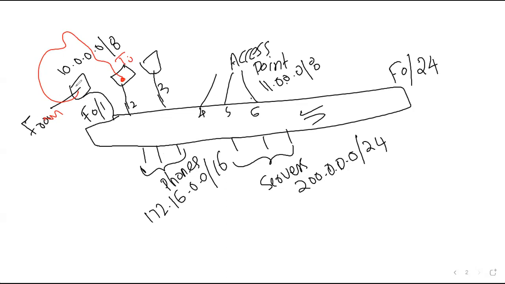Initially, the sender system, the source computer, does not know where to send. It does not know the destination. Therefore, the system will broadcast using the ARP protocol to the switch.